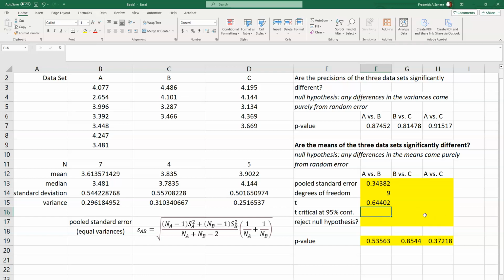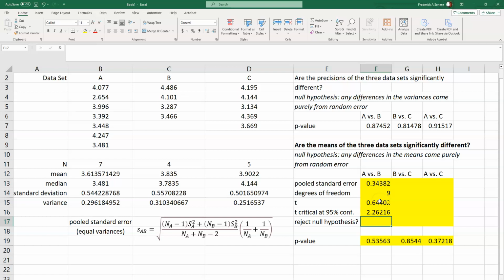So let's get the critical value. It's going to be t inverse, and then I want the probability 0.05. If it's 95% confidence, the probability I'll put in there is 0.05, 5%. And then I need the degrees of freedom, which we said was 9.